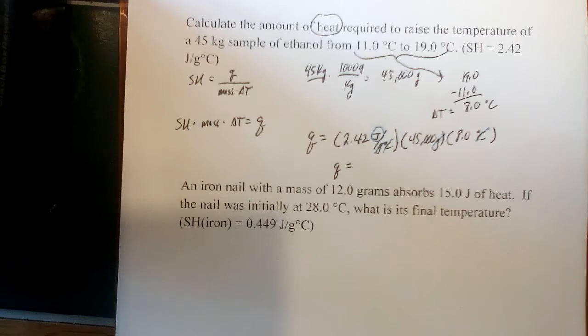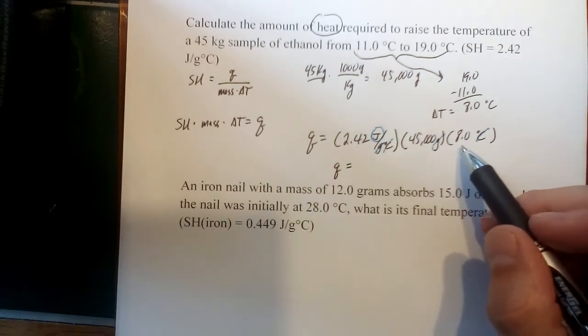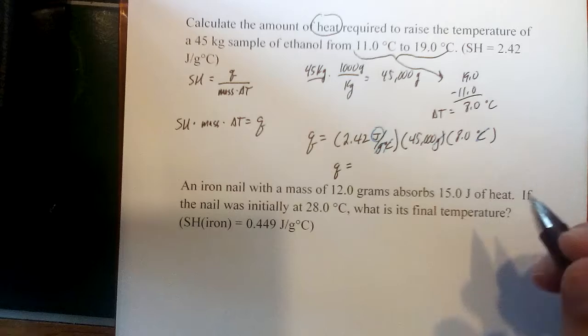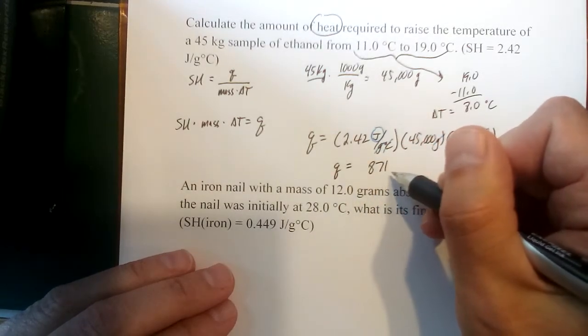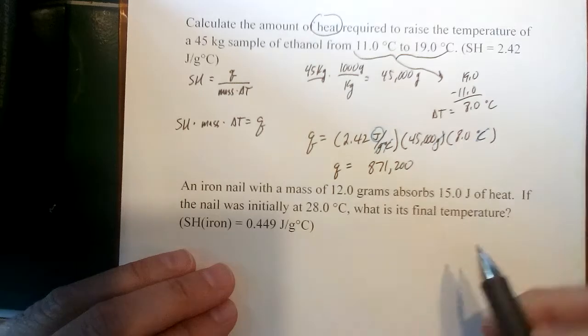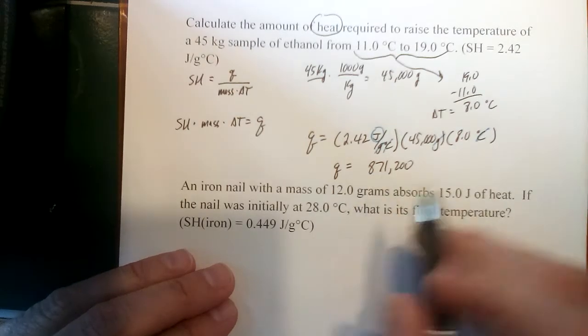So we just need to multiply here. 2.42 times 45,000 times 8. And because of our temperature change, we drop down to 2 significant figures here, so we really only want 2 significant figures in this answer. Now on the calculator, it's 871,200, and that means I can keep the 8 and the 7.